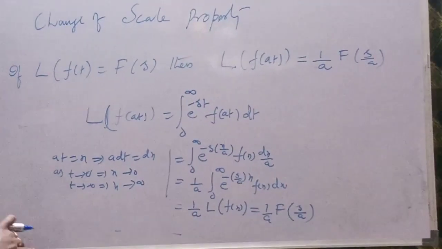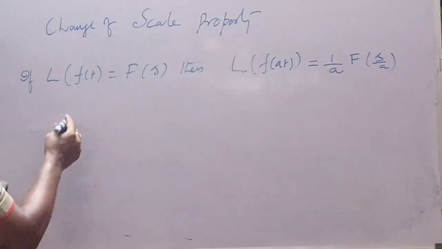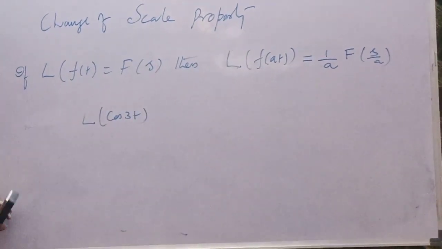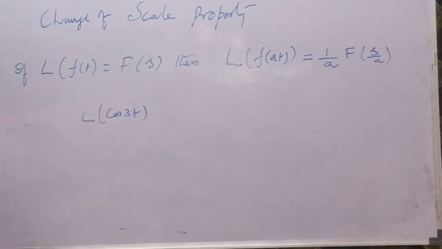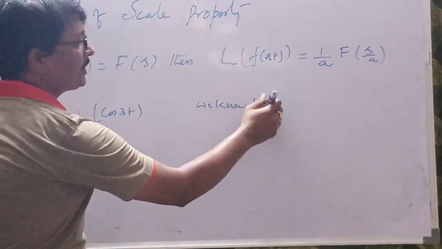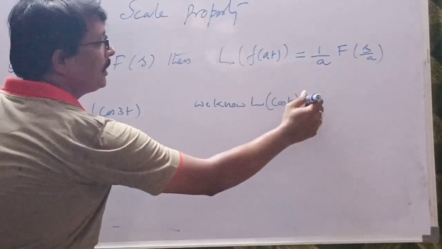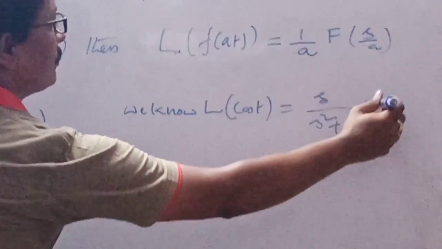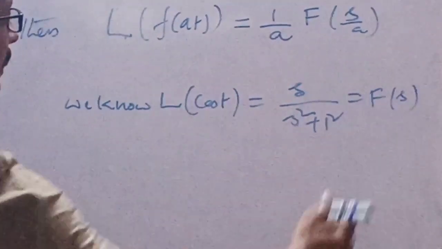For example, let us find the Laplace transformation of cos 3t using the change of scale property. Before that, we know the Laplace transformation of cos t is s by s square plus 1 square, which is equal to capital F of s.